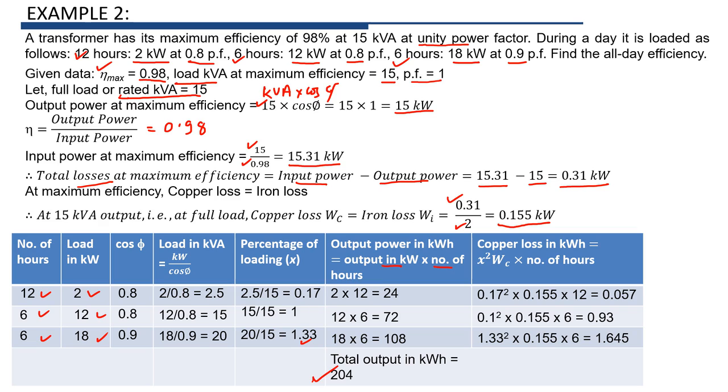Total copper loss in kWh is the addition of all the three copper losses. If you add 0.057, 0.93 and 1.645, you will get the total copper loss in kWh, which is 2.632.